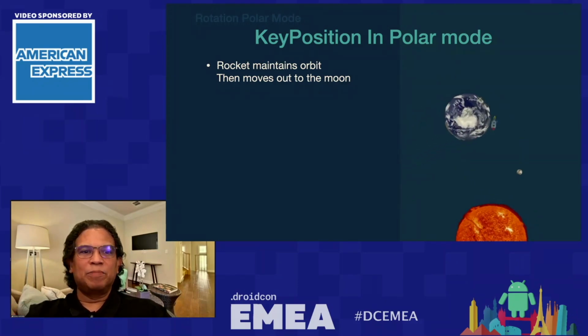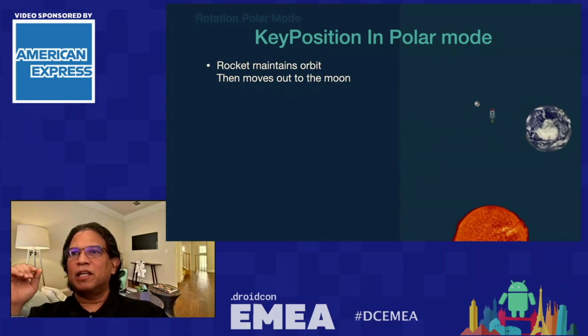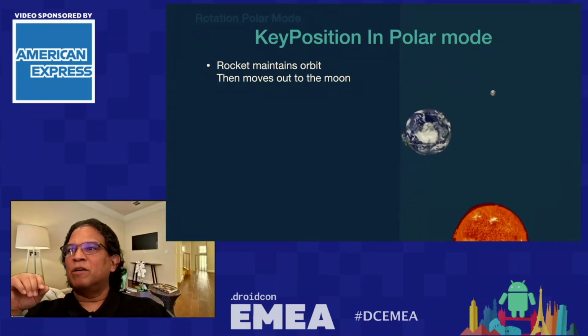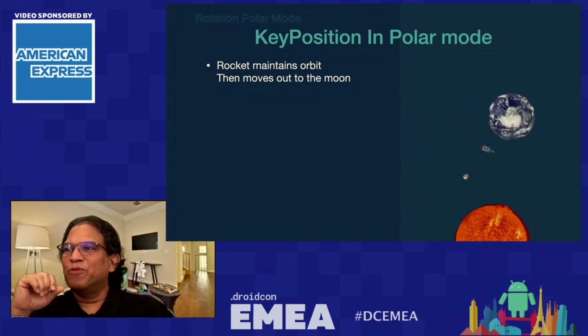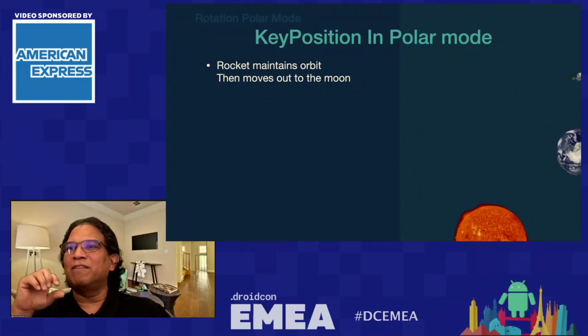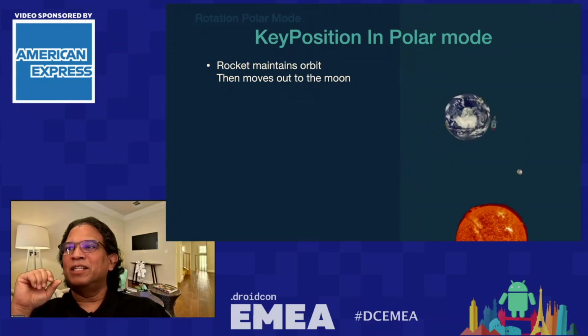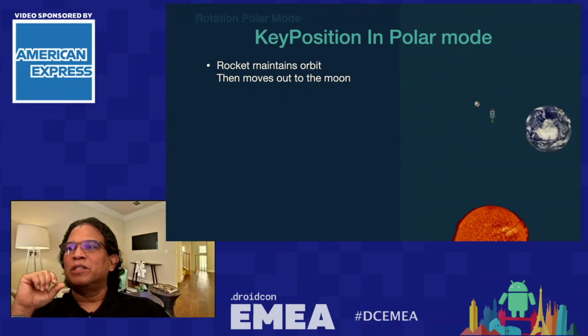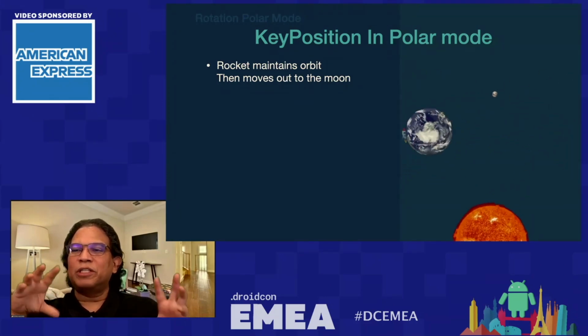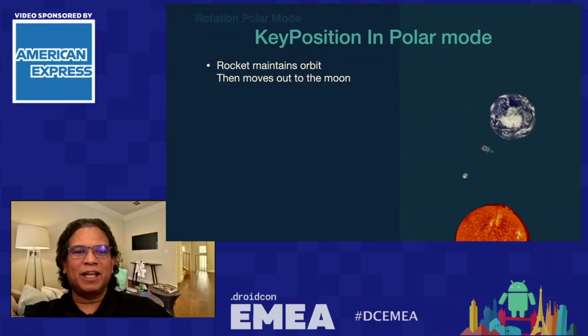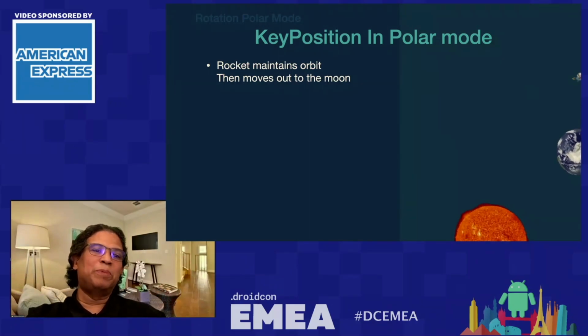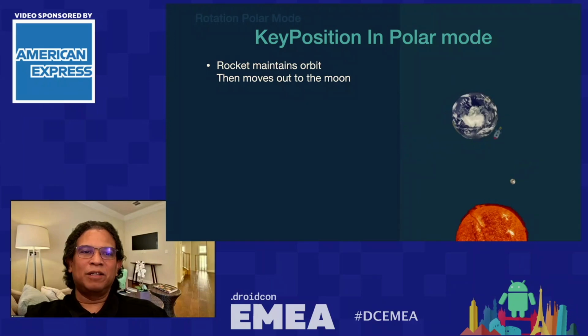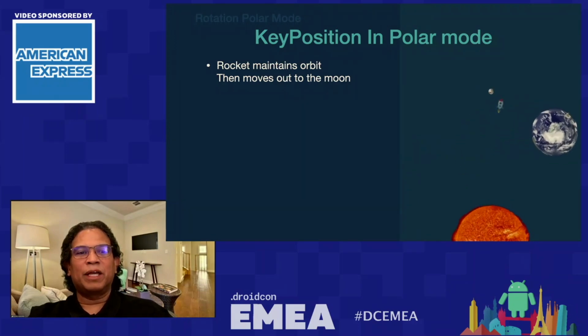arbitrarily complex motion. So in this particular case, we see a rotation where the rocket is moving around in a circle, and then it leaves orbit and goes to the moon. And now this is an extremely complicated animation. And if someone said, "Oh, build this," it would be insanely complicated.